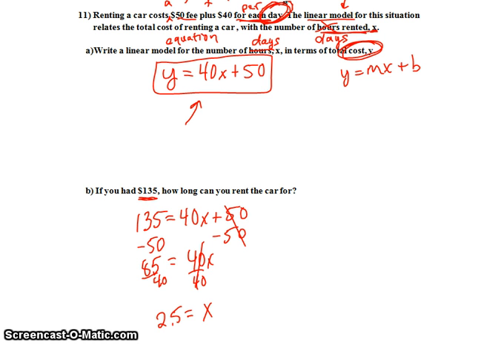If you wrote your answer, we can rent it for 2.5 days, and the car company lets you rent it for 2.5 days, that's great. But most car companies will not, even if you take it for an extra hour that day.